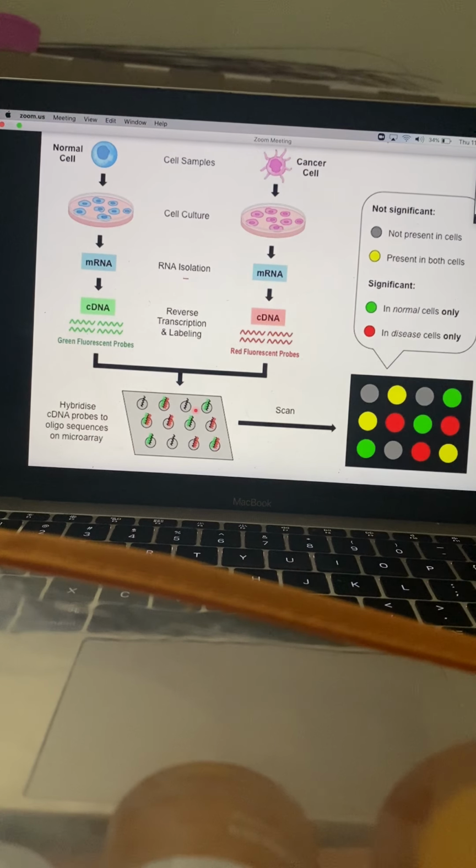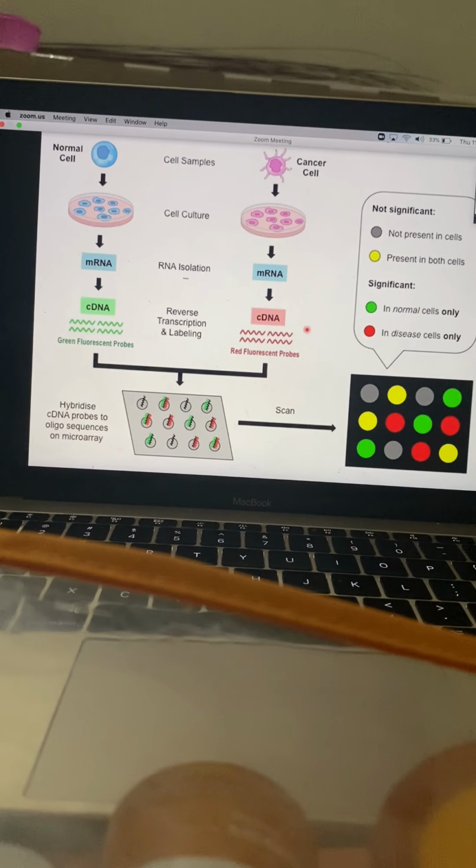So you mix this, and you use multiple different oligonucleotides representing each gene. So the idea is when you mix this, they will hybridize to these probes, okay? And then you scan to see what you get, and you will get these different colors here. It's, of course, in a simplified manner.